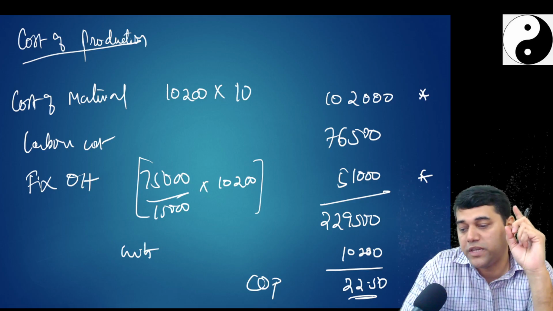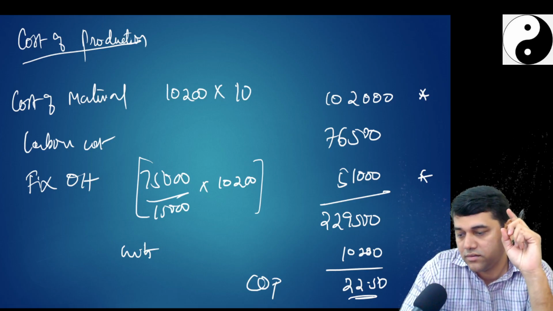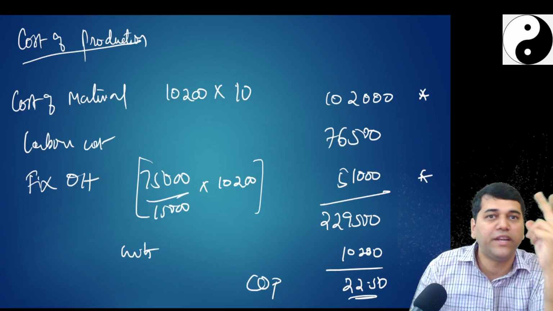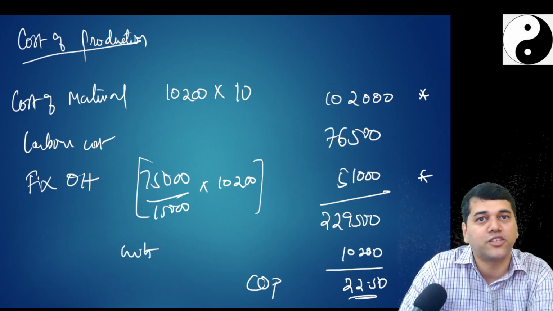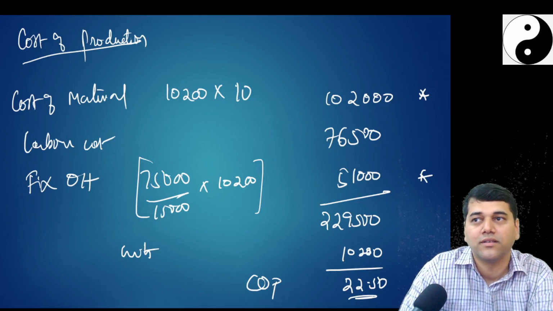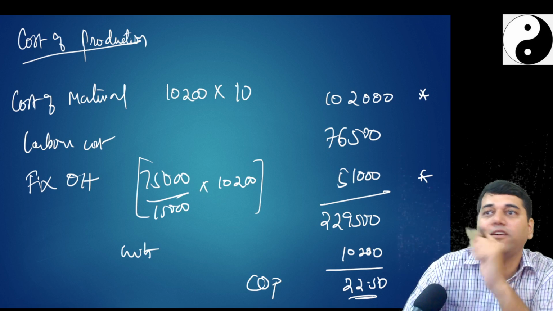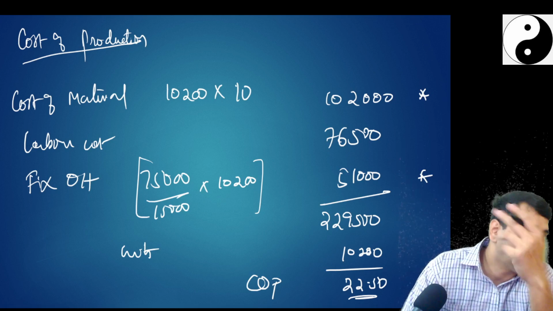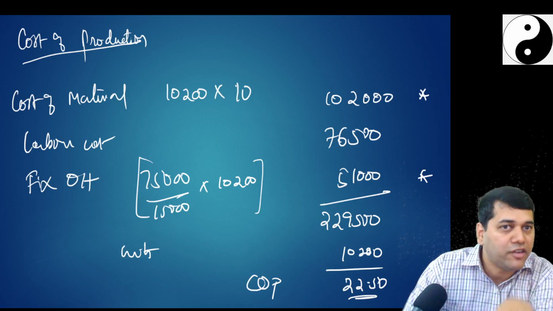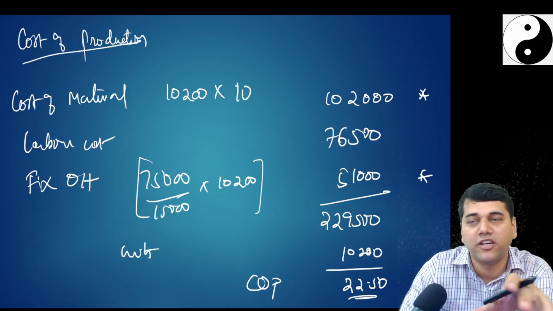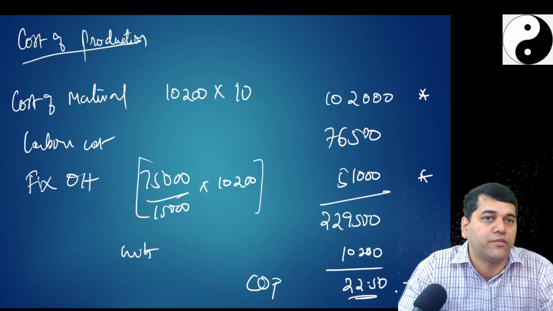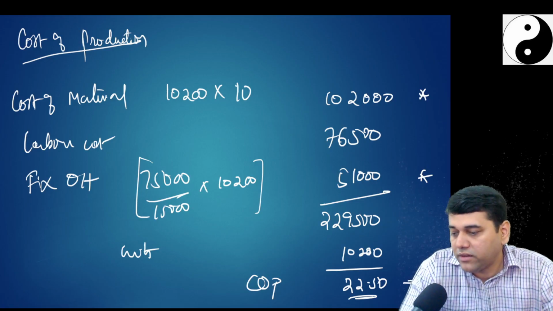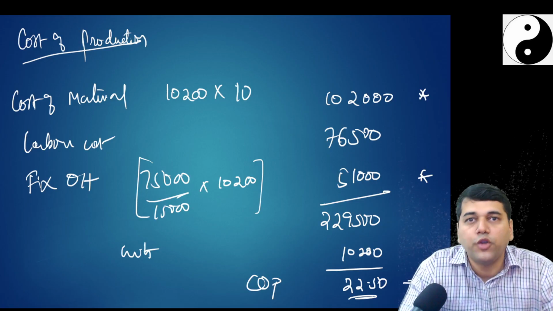What is the value of the opening stock of FG? 25 rupees. Have you sold that or is it still remaining in the stock? Sold. Why? Because you followed the FIFO method. If you have sold that 25 rupees, at the end of the year, whatever you have got now, 900, it is valued at what? Where did it come from? It came from 22.5. Now what is your NRV? 20.